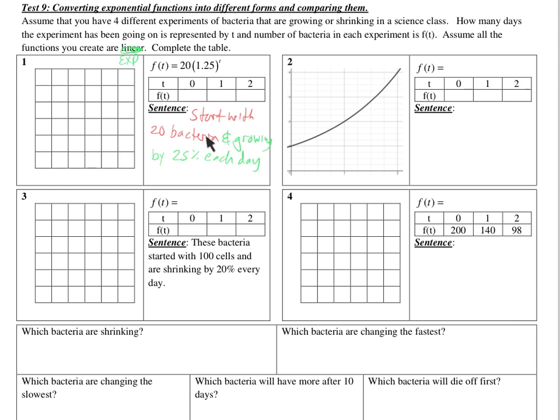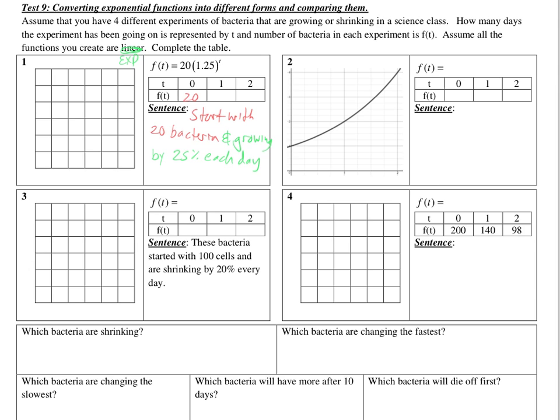Alrighty, so I got my sentence. I now need to do one of these two. Well, wouldn't the table probably be easiest to start with? And isn't the 0 term really just that number? Yes, sir. So I start with 20. Then I am plugging in 1. Well, 1 means I'm going to take 20 and multiply by 1.25. So on a calculator, we're just going to go 20 times 1.25, or you could do it by hand.